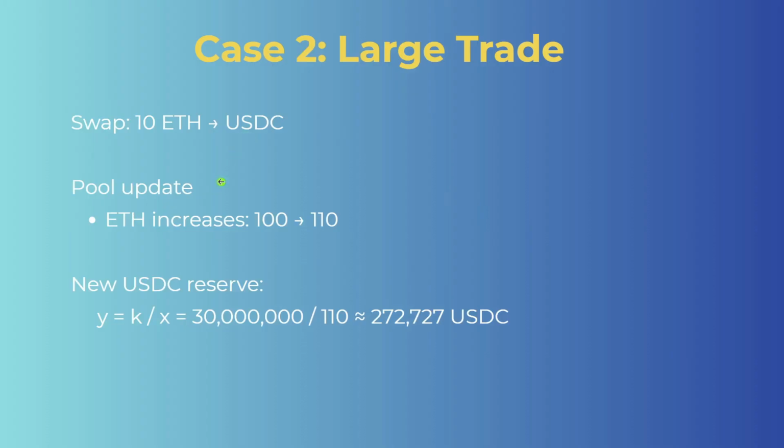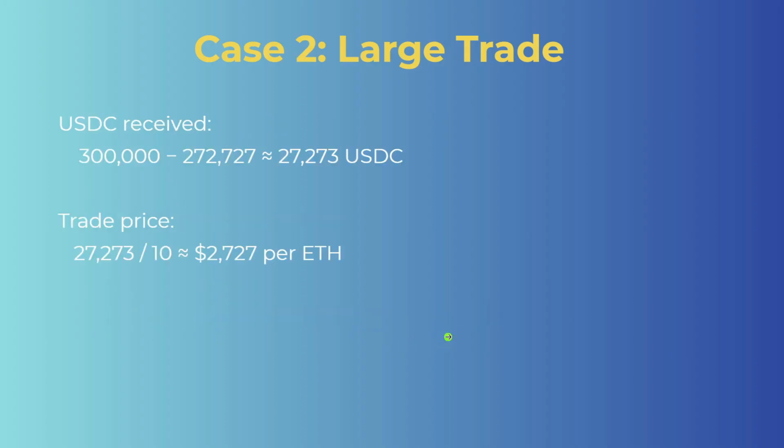So if for example we want to swap 10 ETH for USDC, in this case the pool increases from 100 to 110. So the new USDC reserve will be the same calculation we did before, this amount here, 270,000 USDC.